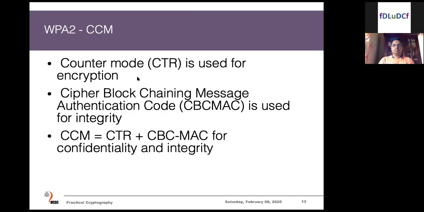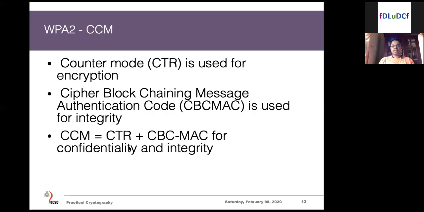It does counter mode and CBC-MAC in two rounds. Encryption in the WPA2 protocol goes with plain counter mode, as we discussed in the previous lecture. After it encrypts the data, it executes the message authentication code calculation based on CBC mode. So CBC mode is used to calculate the message authentication code.